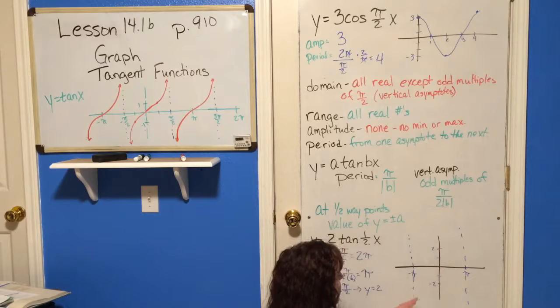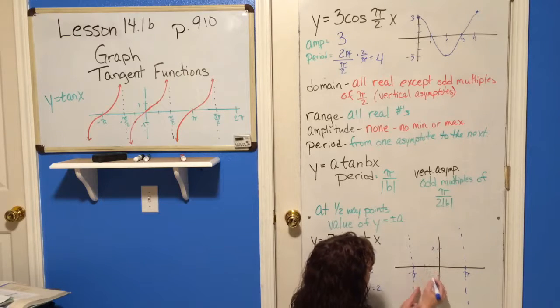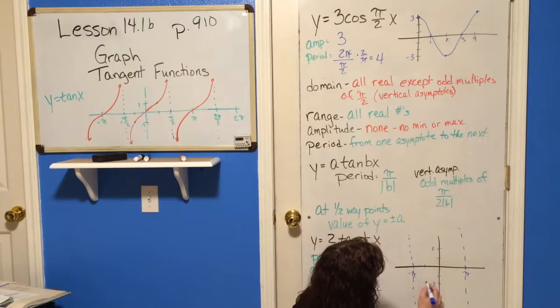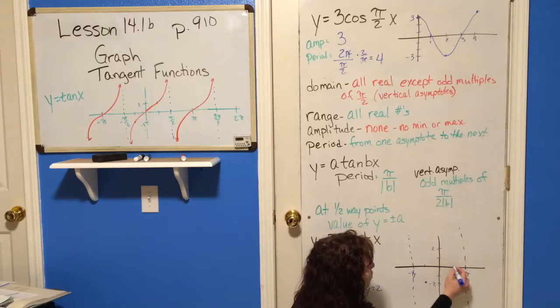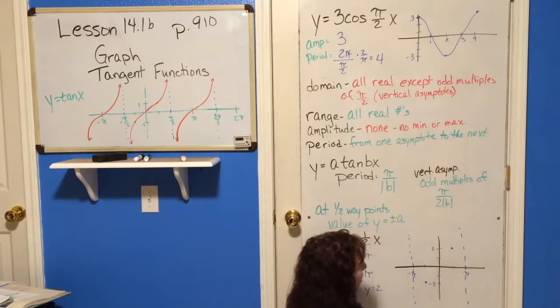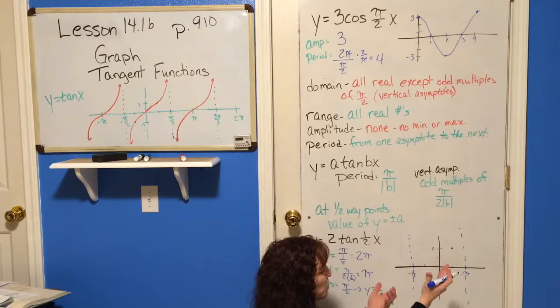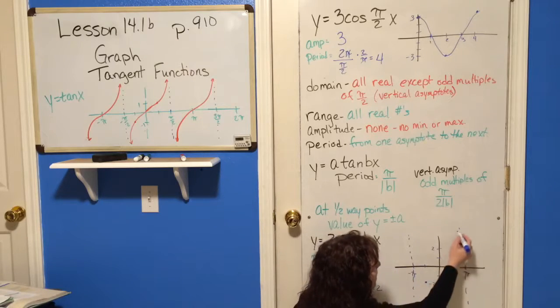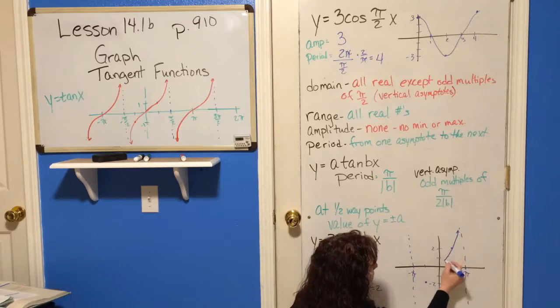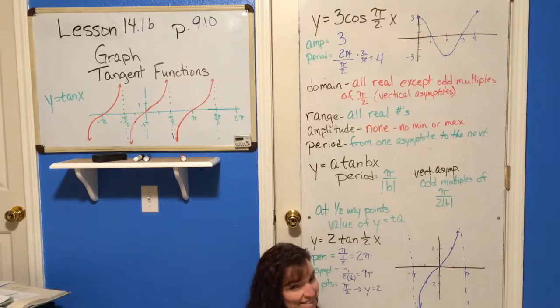Okay, here we go. So now, halfway in between, we're going to be at this point, and halfway in between here, we're going to be at this point. And so we're going to go toward our asymptotes, but not cross them. So we're going to go through the origin, and there's our graph, and that's it.